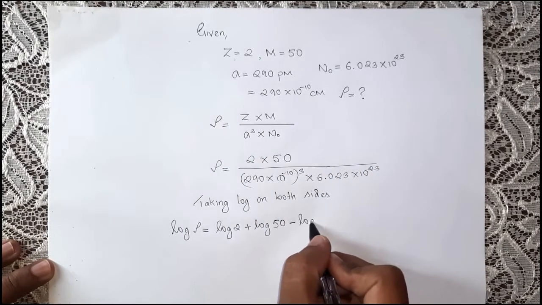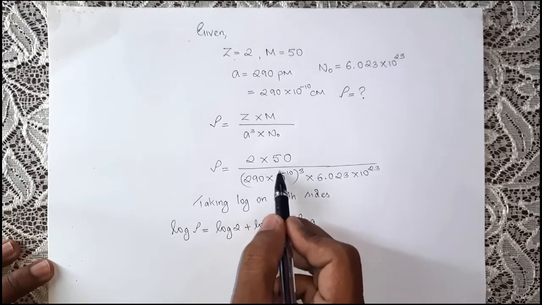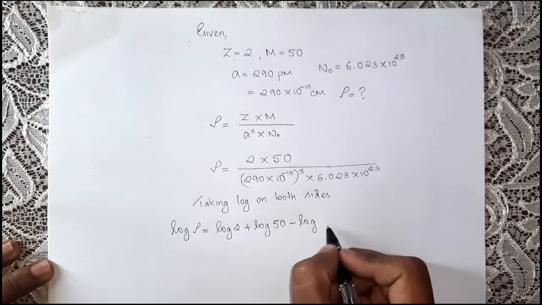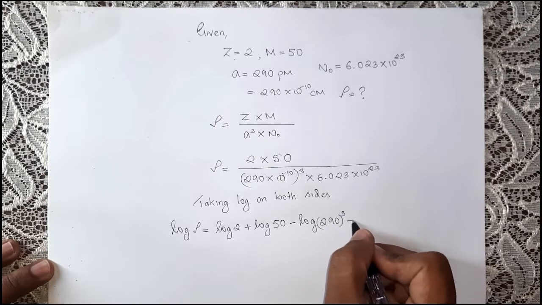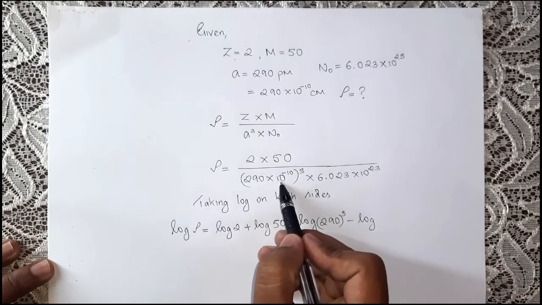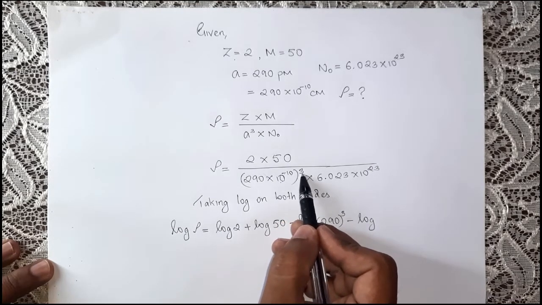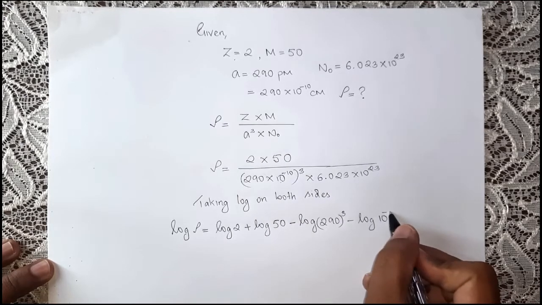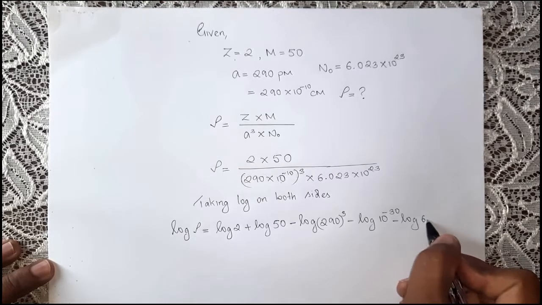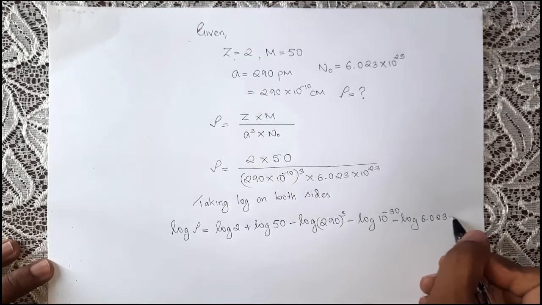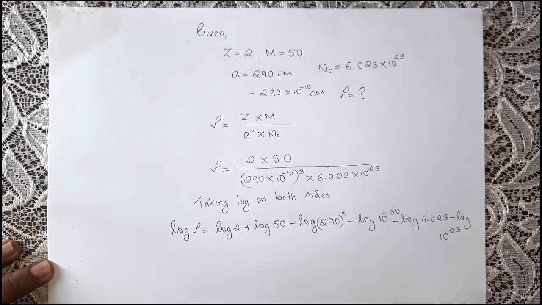Since this entire thing is whole thing cube, I will take 290 separately and this one separately. So 290 whole thing cube minus log of 10 to the power minus 10 whole thing cube. 10 into 3 is 30, so I can directly write log 10 to the power minus 30, minus log 6.023, minus log 10 to the power 23.